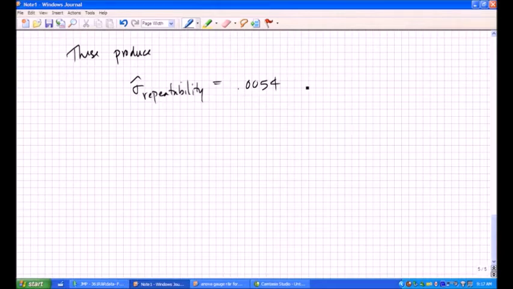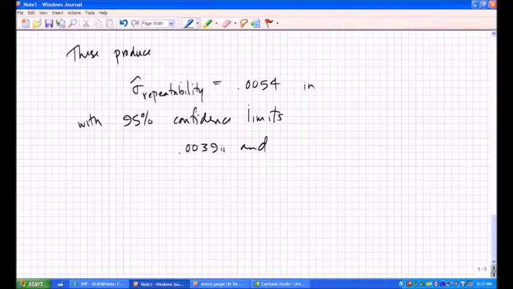Units there are inches, and we get 95% confidence limits that are 0.0039 and 0.0089.